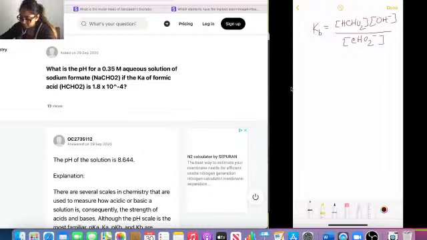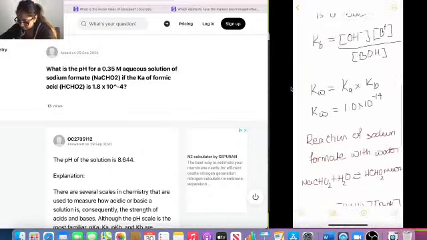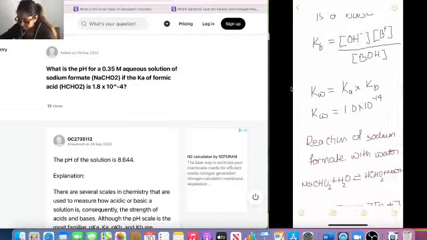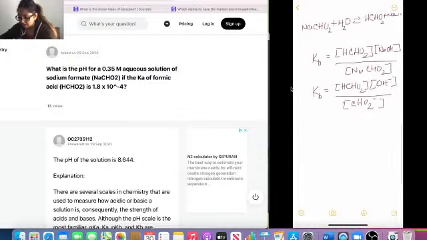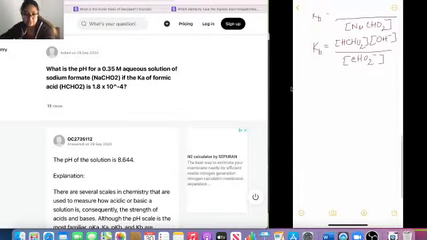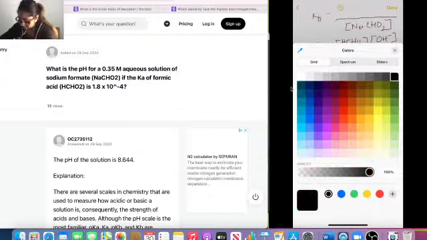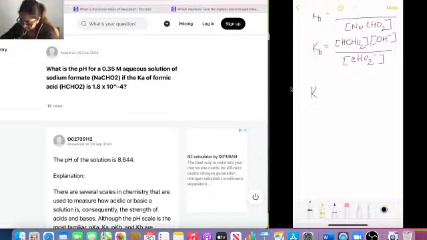If I just go back, our Kw is 1.0 times 10 to the power negative 14, and we're given our Ka, which is 1.8 times 10 to the power negative 4. So we can rearrange the equation: Kw is equal to Ka times Kb, so we can find Kb by isolating it, moving Ka over to the other side.